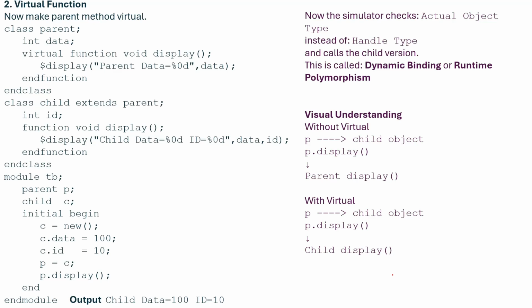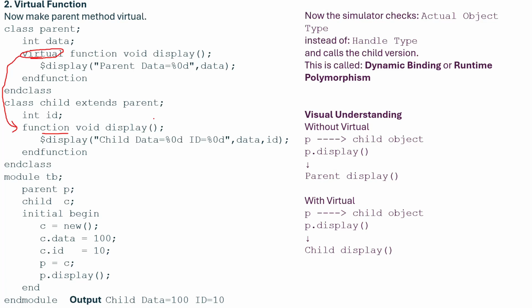Now, with the virtual method, what does it say? Same code, I am taking the class parent, but the method is a virtual method. This method is completely overridden by the child. The function void display is there, so that function is completely overridden.